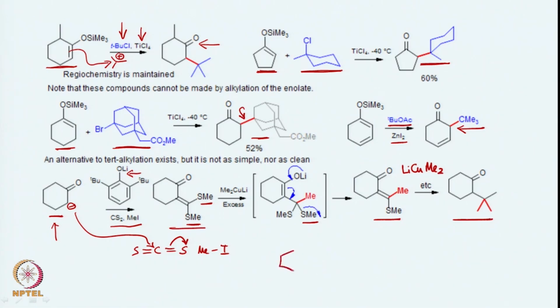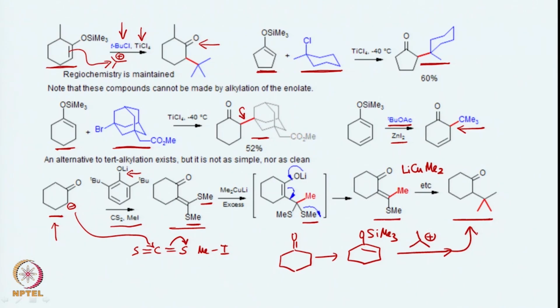On the other hand, if we use enol silyl ether chemistry, we can start with the same ketone, make an enol silyl ether and then directly react with a source of tertiary cation here and then go to the same molecule like this.